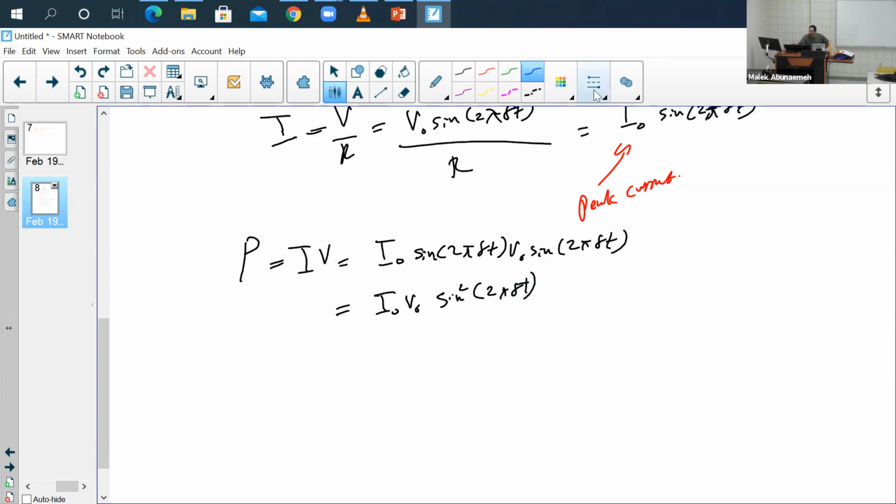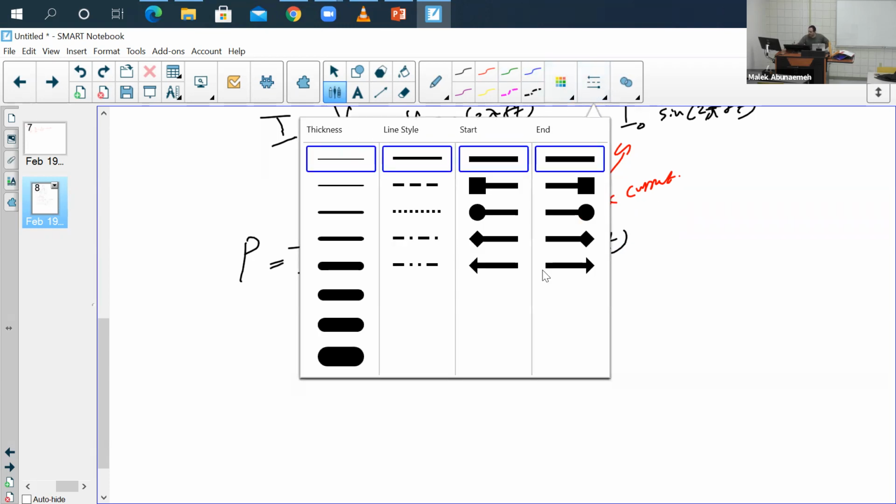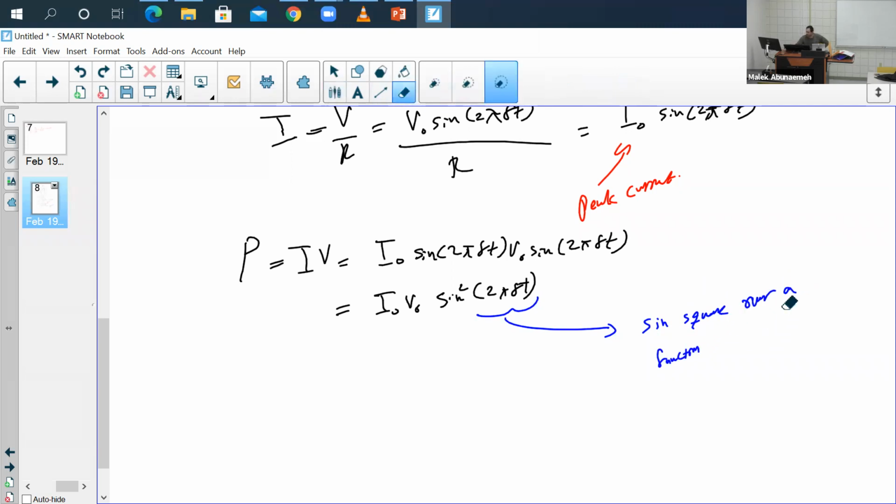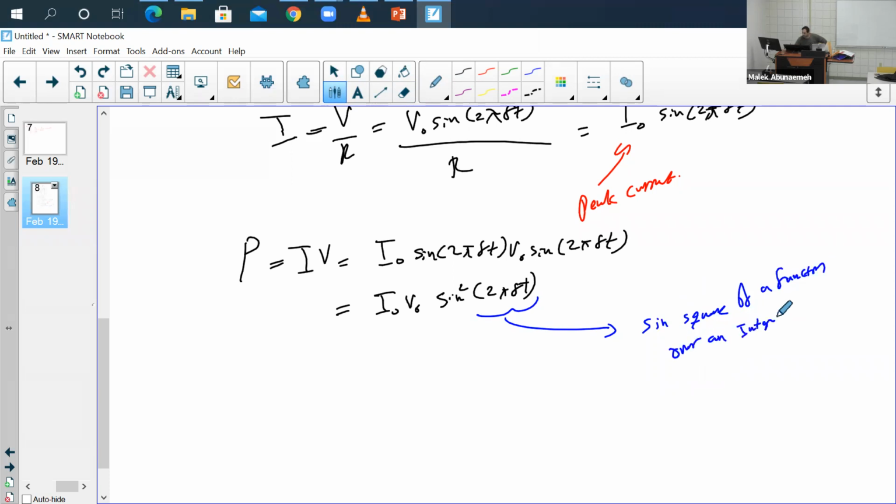Now, what we have is a sine squared function over an integer, which always equals 1/2.